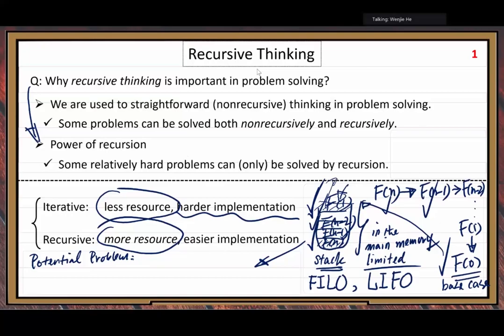You grow your stack so fast that you run out of your memory resource. When that happens, you will get a stack overflow problem.